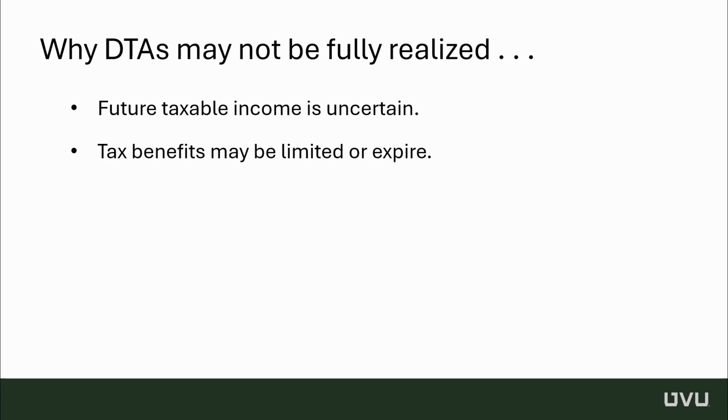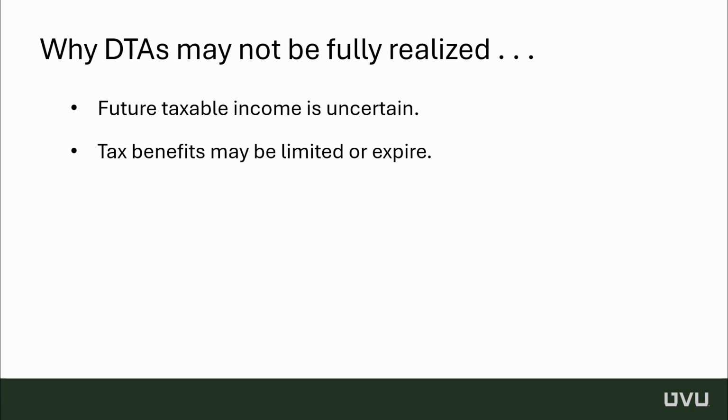Second, certain tax benefits may come with limitations, including expiration dates. Again, I want you to consider that companies operate across state lines and international borders, so a full understanding of the value of deferred tax assets presupposes a familiarity with tax law in all the jurisdictions where a company operates.